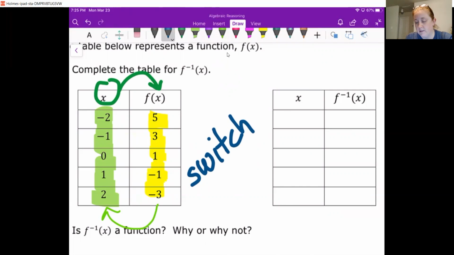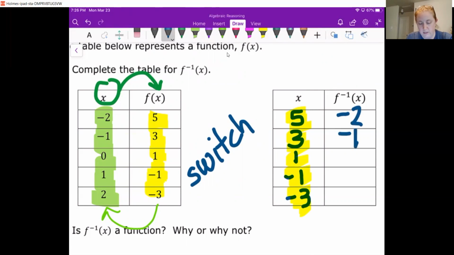So for my new x's, I have the numbers 5, 3, 1, -1, -3. Those are the same y numbers that we had earlier. Those original y's are now my x's. Now my original x's make up my new y's: -2, -1, 0, 1, and 2.